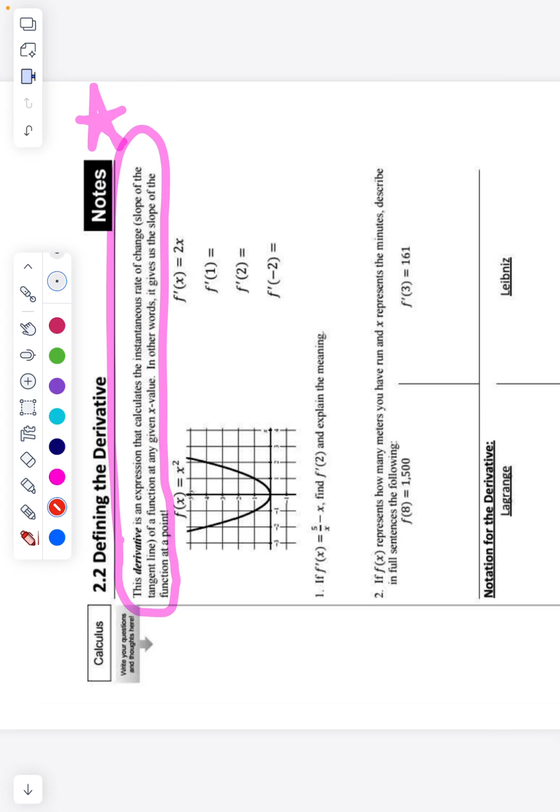Like 0.2 seconds, 0.3 seconds. How is its speed changing? We could calculate the rate of change of the stock market at any given moment. There are infinite different applications of this. The slope of the tangent line at a point, okay? It can't really be overstated.